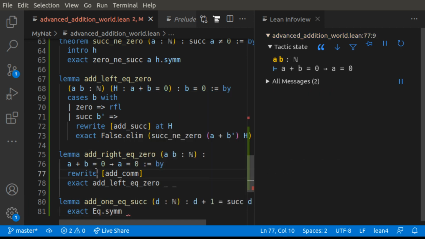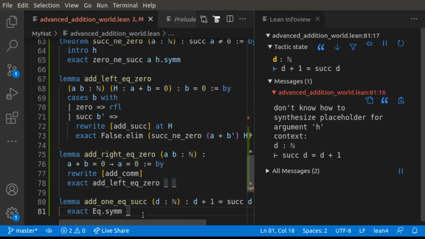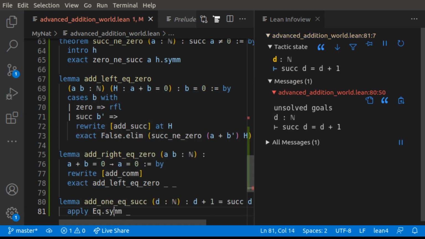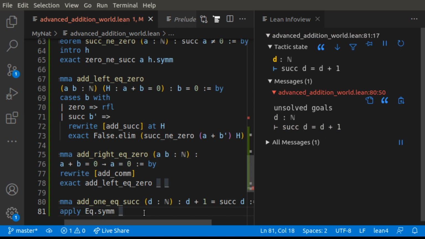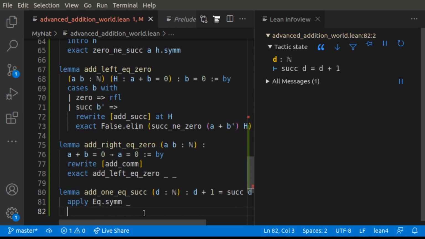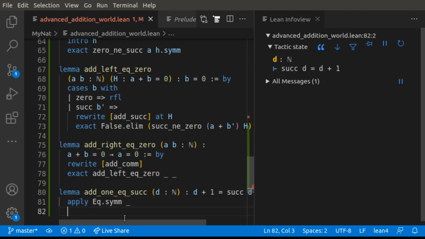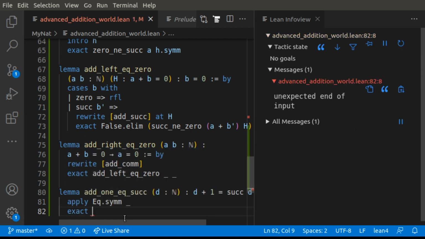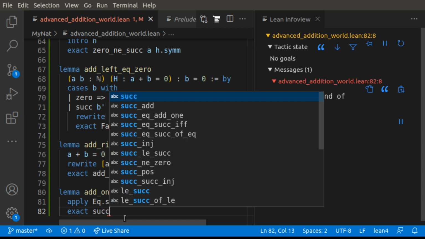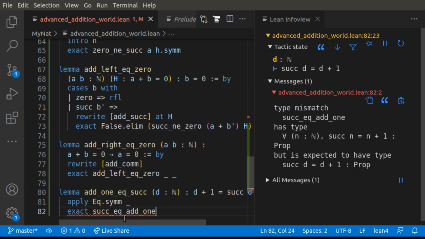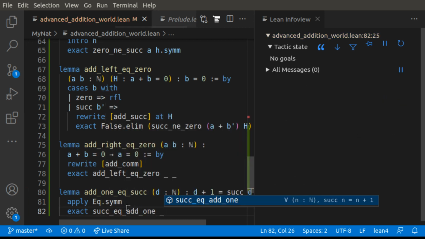Do this. Apply. Nice. Wait, did that work? Okay, great. So we can apply equal dot symmetric underscore to get this, and now we can exact successor equal add 1. The right thing.